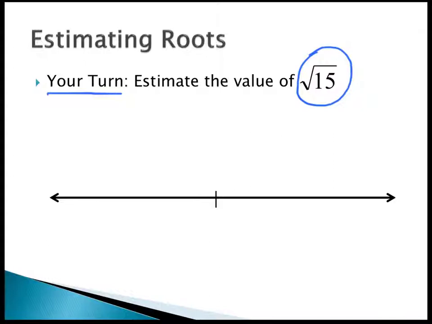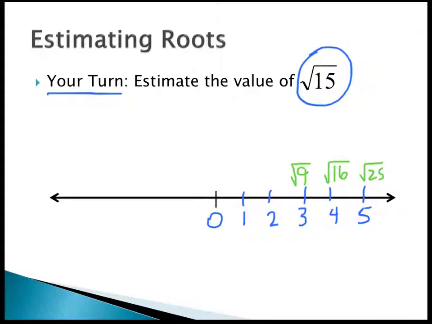Okay, welcome back. We're going to try and find the square root of 15. And on my number line, starting at 0, I go 0, 1, 2, 3, 4, 5, and so on. And we can place the perfect squares. So the square root of 9 happens to be 3, and the square root of 16 happens to be 4, the square root of 25 is 5, and so on and so forth.